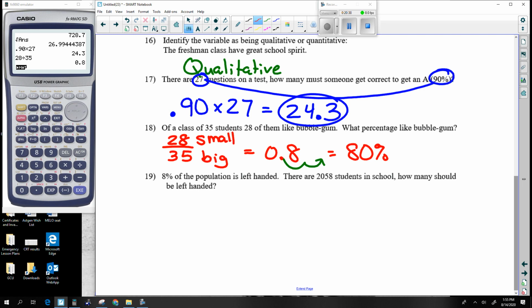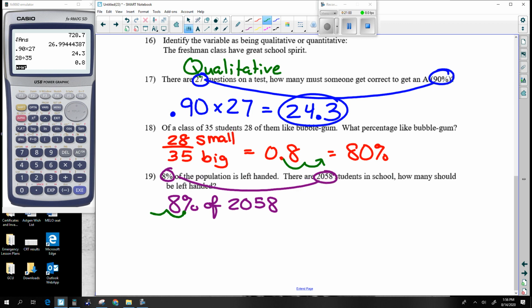Number 19, 80% of the population is left-handed. There are 2,058 students in your school. How many should be left-handed? So here I have a percentage and I'm applying it to a number. I want to know what is 8% of 2,058. The first thing I need to do is turn my percentage into a decimal, so I move it 2 to the left.